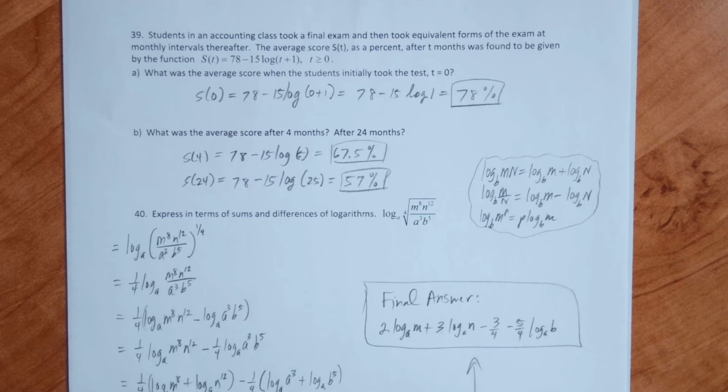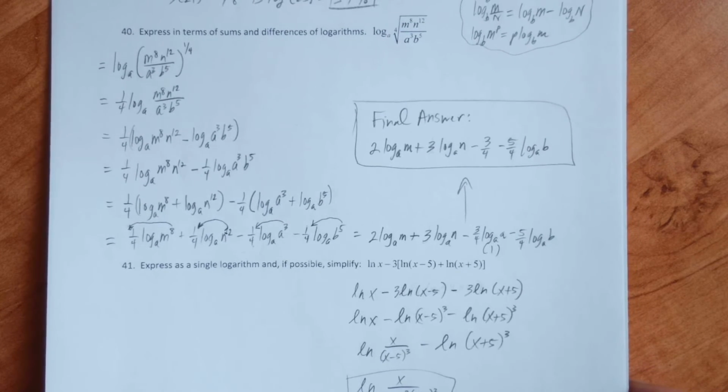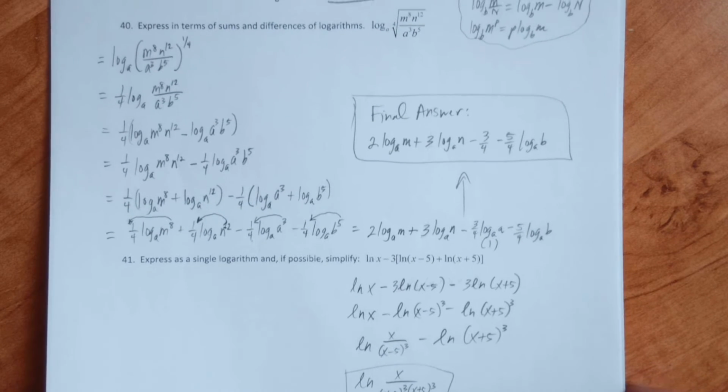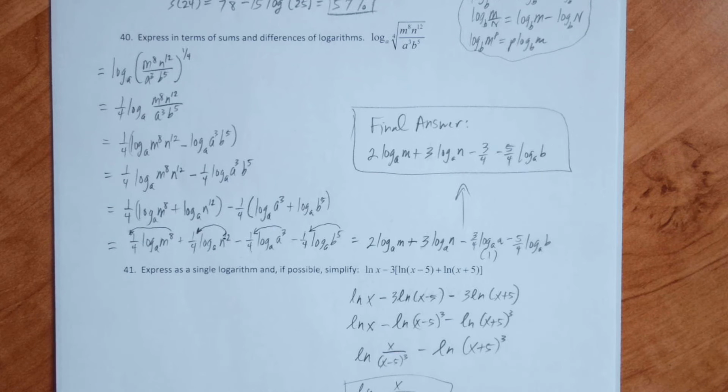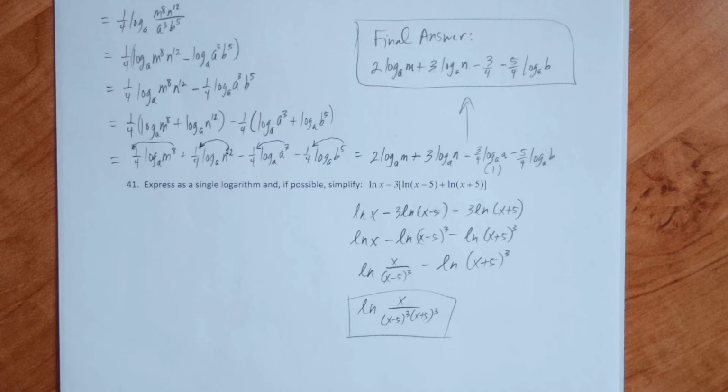And then here's our properties of logs. Make sure you know those for the test. Notice 40 and 41, those are the ones that I basically replaced with that handout on the properties of logs. So I didn't particularly think these were great problems for a final.